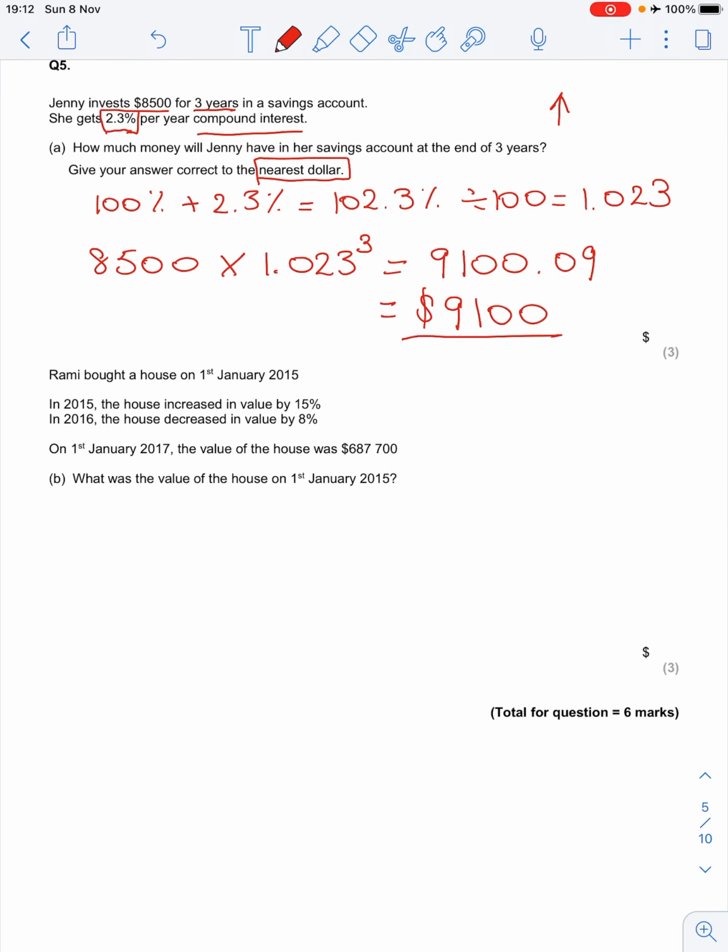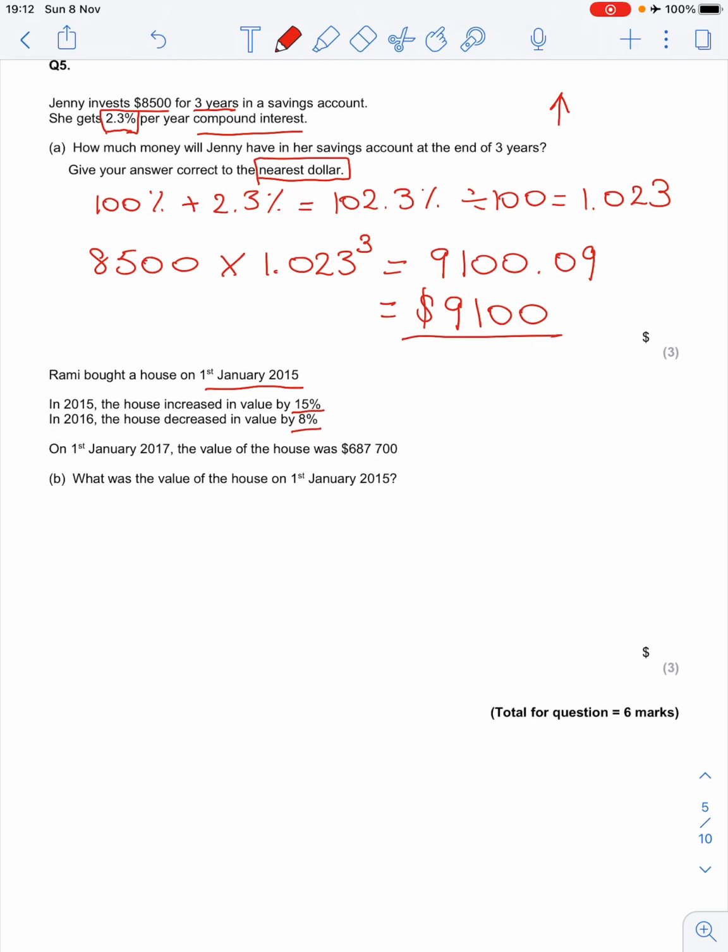So Rami bought a house on 1st of January 2015. In 2015, the house increased its value by 15%. In 2016, the house decreased by 8%.